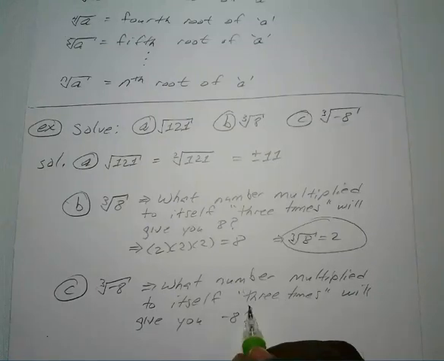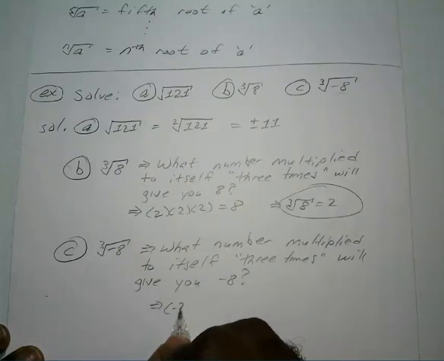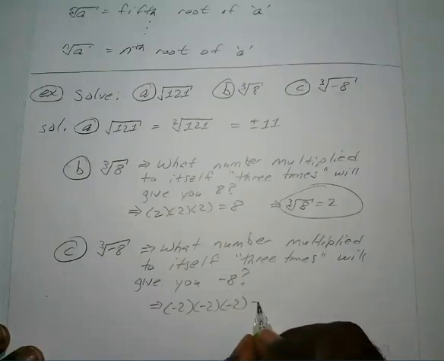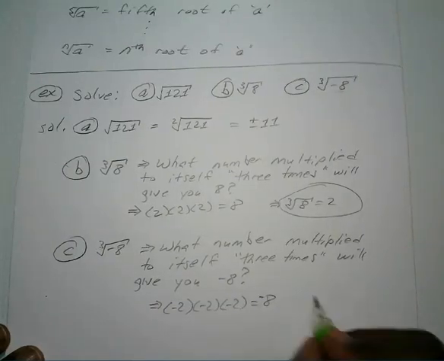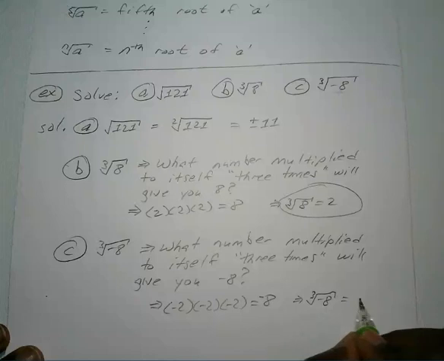And once again, negative 2 times negative 2 times negative 2 equals negative 8, that means that the cube root of negative 8 equals negative 2.